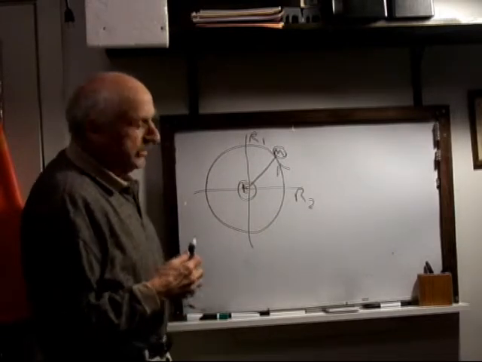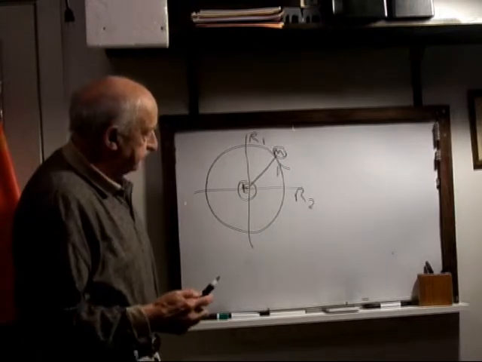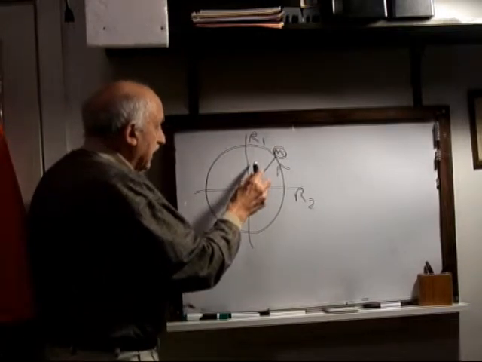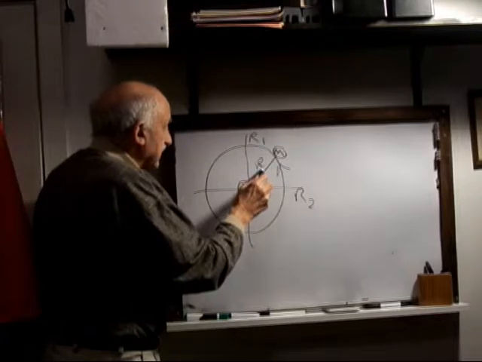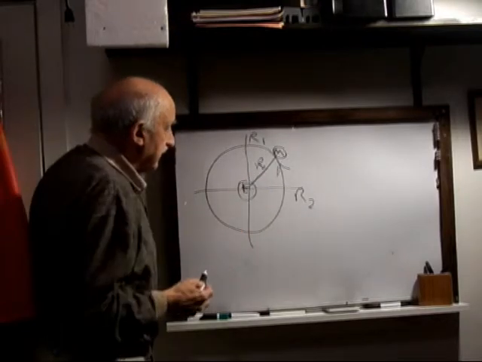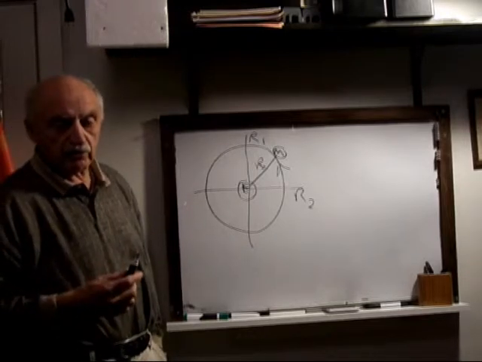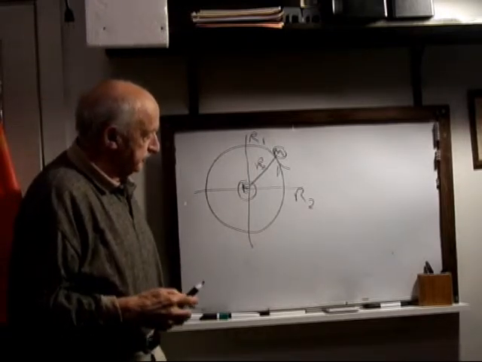The distance between the Earth and the Moon is constant, and this represents, in a non-linear manner, the total potential energy. So I'm going to call this R0. This is the value of the total distance at all times between the Earth and the Moon.